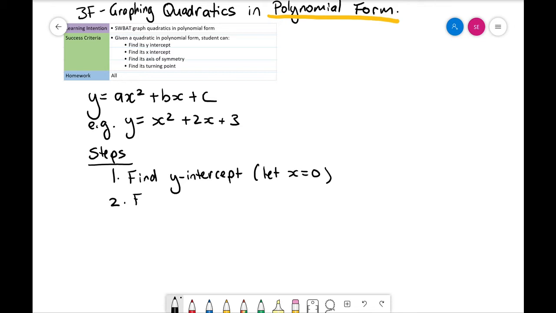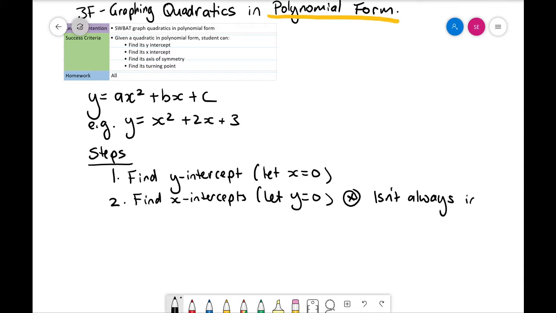Step 2 is we're finding the x-intercept. So we let y equal to 0. Now, one thing to note here is there isn't always intercepts. But we'll come back to that later.